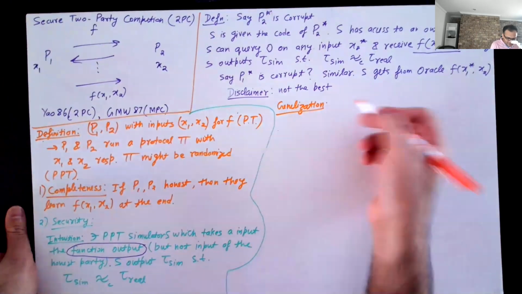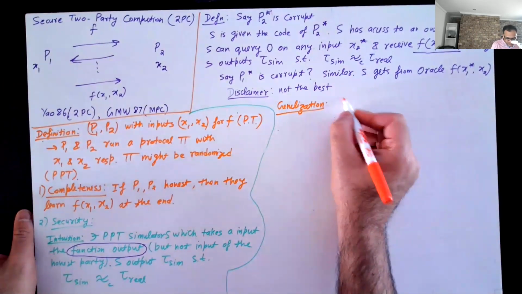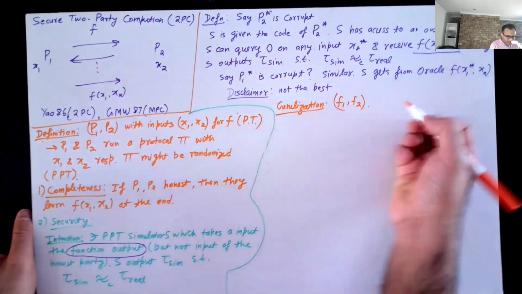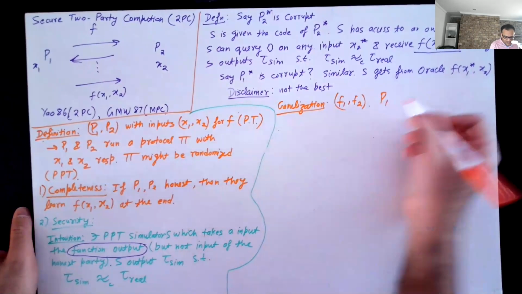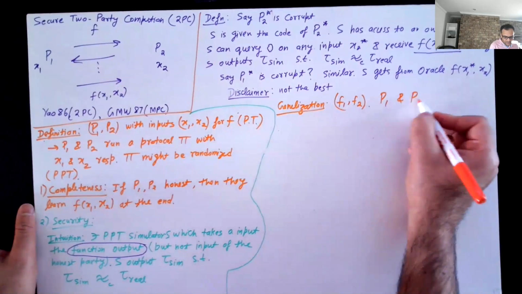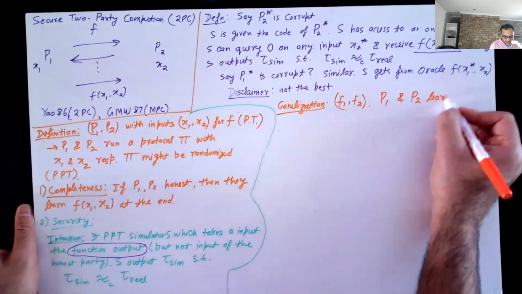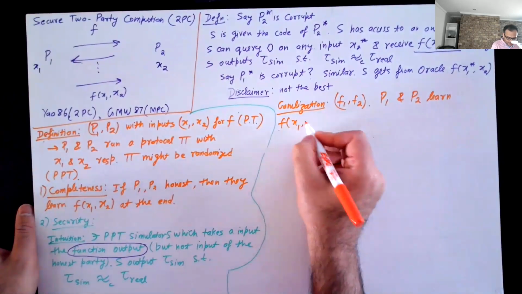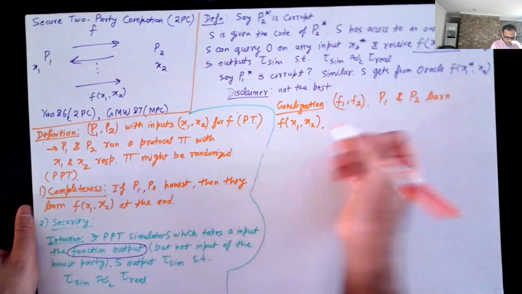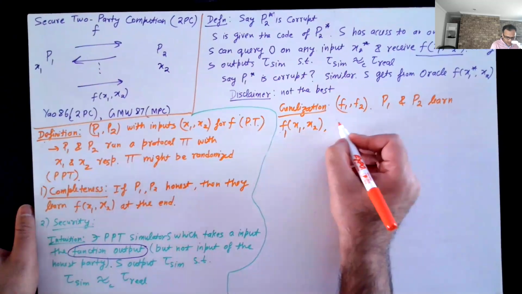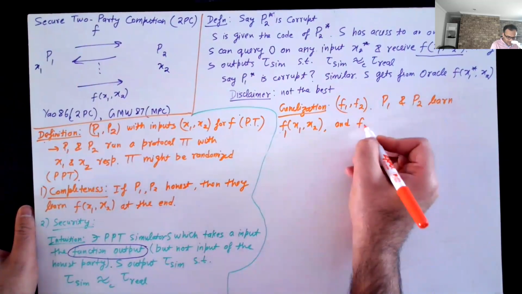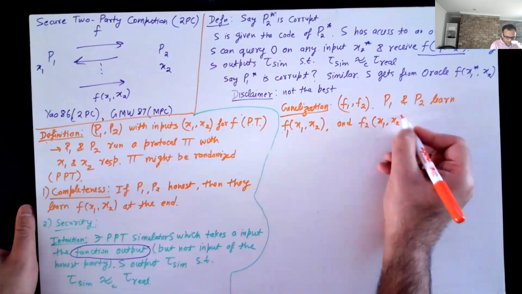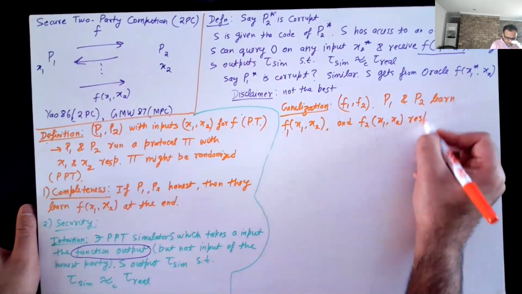In the generalization, we have two functions f1 and f2. P1 and P2 learn f1 of x1 comma x2 and f2 of x1 comma x2 respectively.